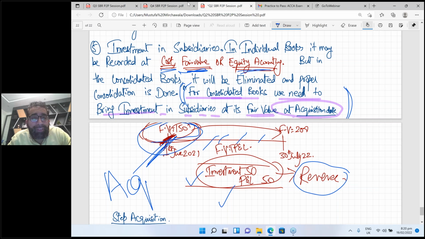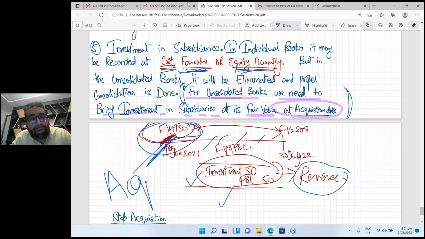This is the requirement of IFRS 3, that if in the individual books of the parent company you are doing fair value accounting, whatever fair value changes you have booked after acquisition, you need to reverse them for the purpose of consolidated books.